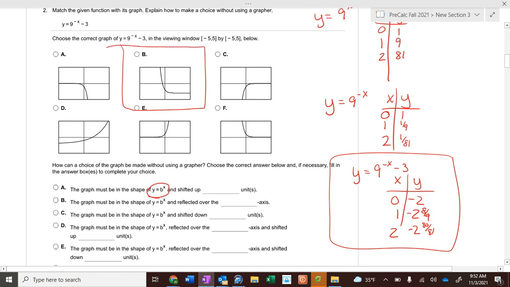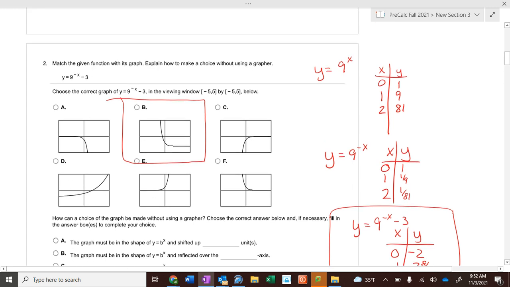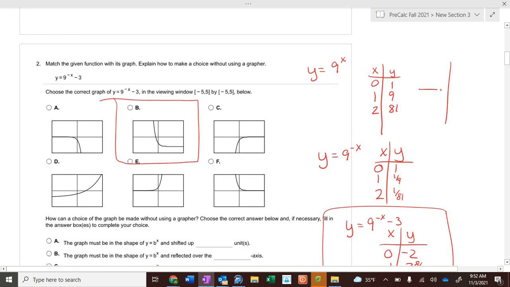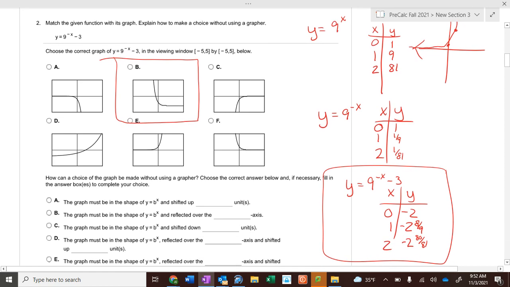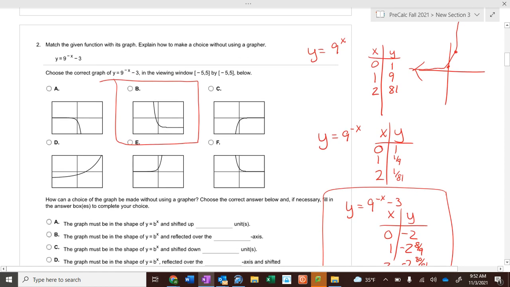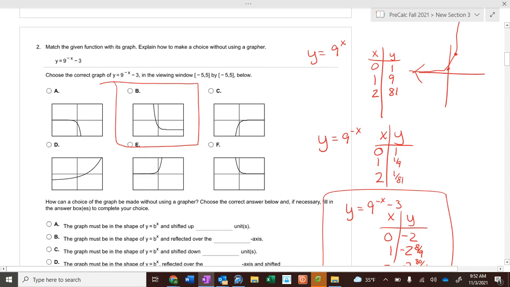Okay. So the graph of 9 to the x power would be (0, 1), (1, 9), (2, 81), way up there. So the graph originally looks like this, okay? Originally looks like this. Well, what happened when it looks like this?